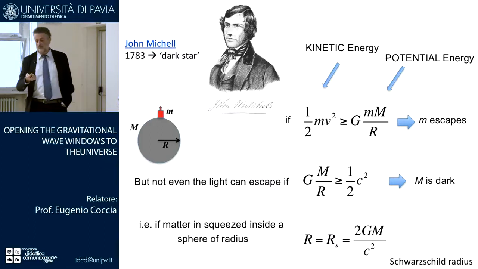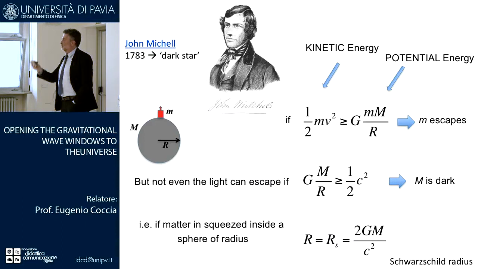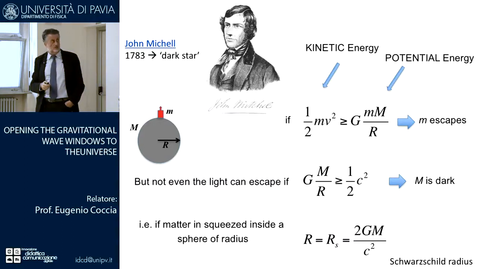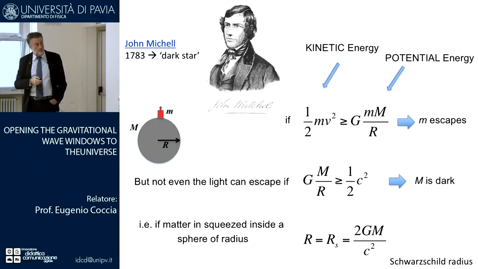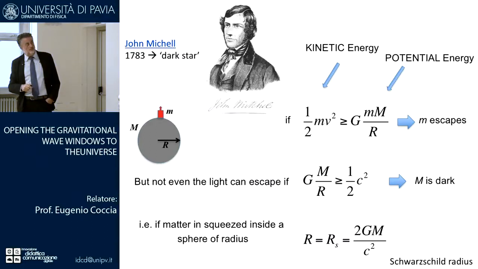And this is clear. If we want this object to go away from the Earth, not returning anymore, I have to give this object a kinetic energy much greater than the potential energy of attraction that the Earth has on this object. So it is very simple to show that, if you follow here, m is the small mass that wants to escape from the planet. If the kinetic energy is larger than the potential energy, m escapes.